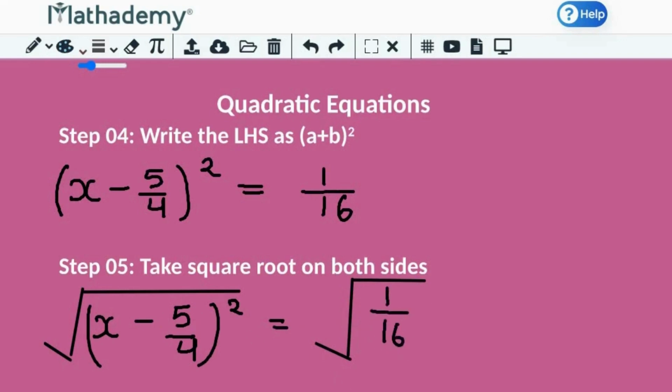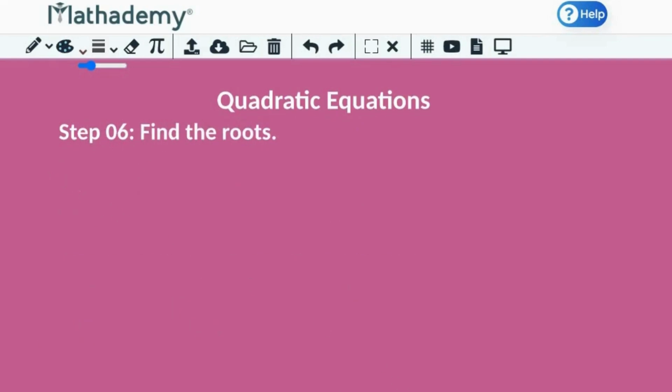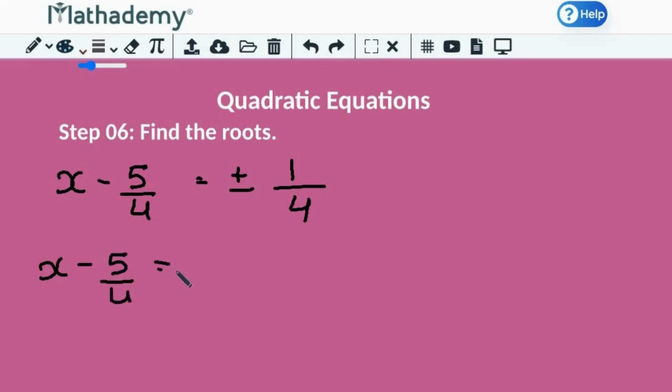Again the square and root go off, so I'm left with x − 5/4 = plus minus 1/4, because root of 1 is 1 and root of 16 is 4. 4 fours are 16. Agreed? So now over here I'll say x − 5/4 is equal to 1/4, or x − 5/4 is equal to −1/4.